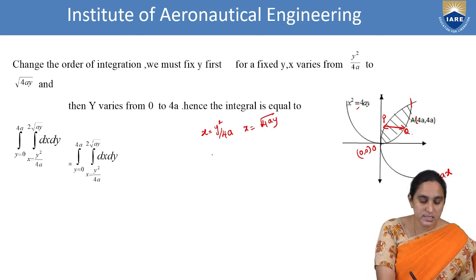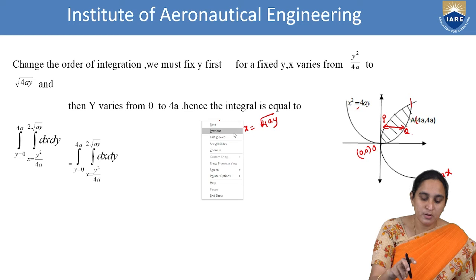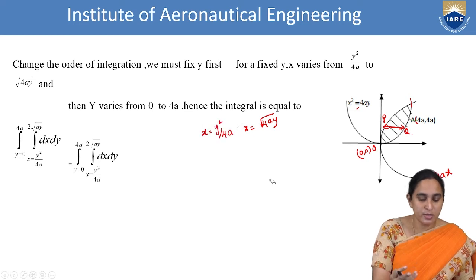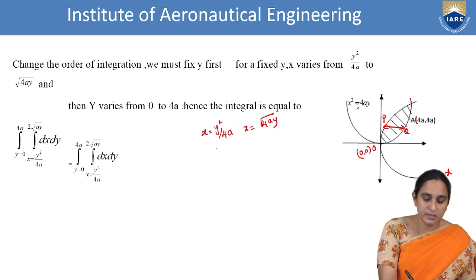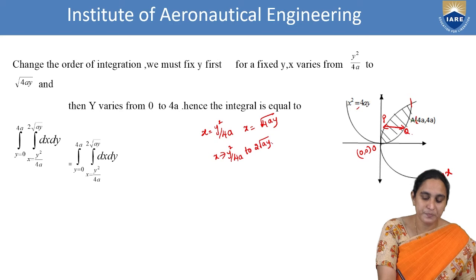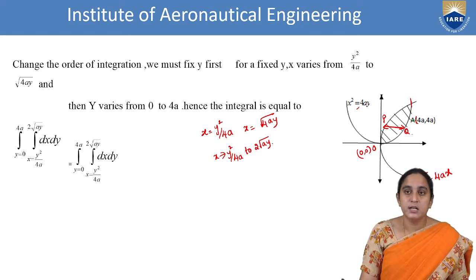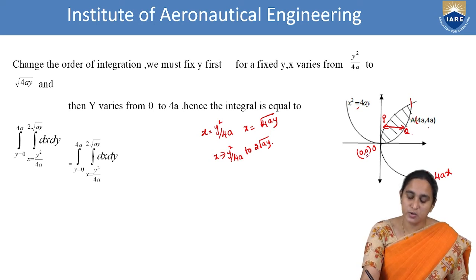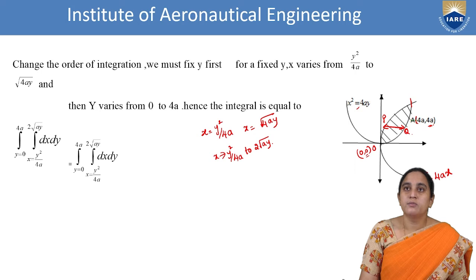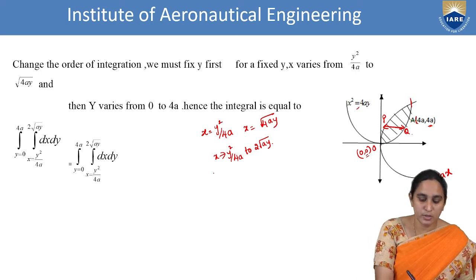Therefore the x limit points are y square by 4a to root 4ay, that is, y square by 4a to 2 root ay. These are the x limit points. Now we take the y limits as the fixed points: y as 0 and 4a. Therefore the y limit points are 0 to 4a.